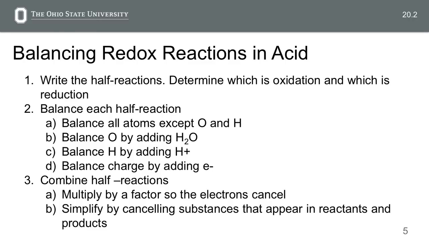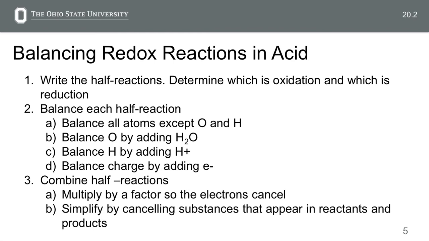Okay. So one of the things you're certainly going to have to be able to do is balance redox reactions. This is a multi-step approach. It is very easy to not follow these steps and go a different route, but I highly recommend, especially if you don't have a plan already for balancing redox, that you follow these steps in this order.